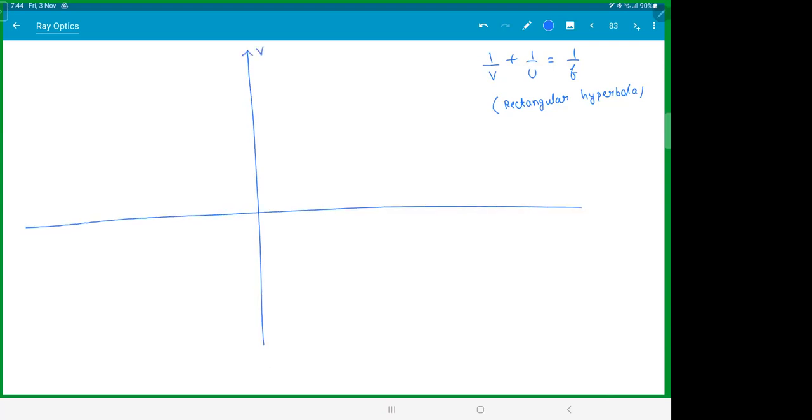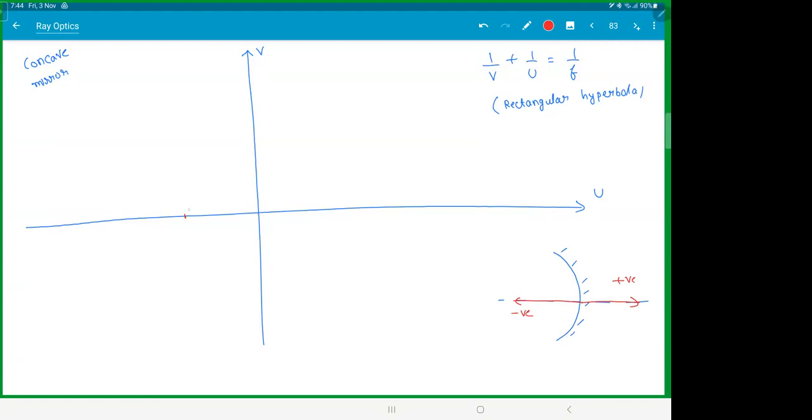We are plotting V versus U graph. We will plot first for concave mirror. Be careful, you have to be with the sign convention. So in a concave mirror, U positive meaning this is positive. The left is negative.